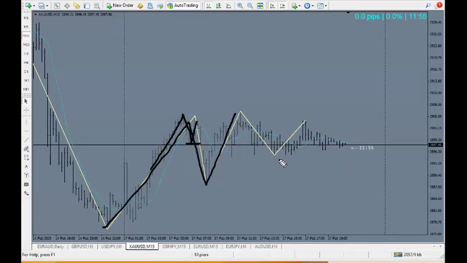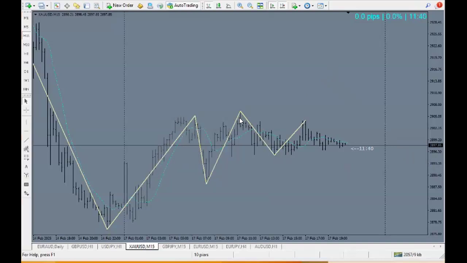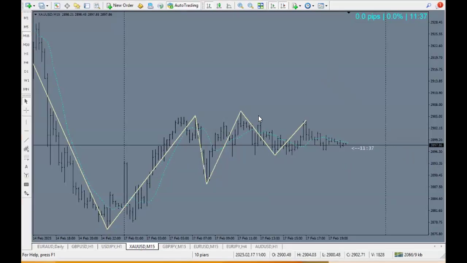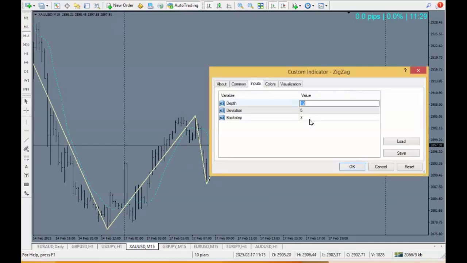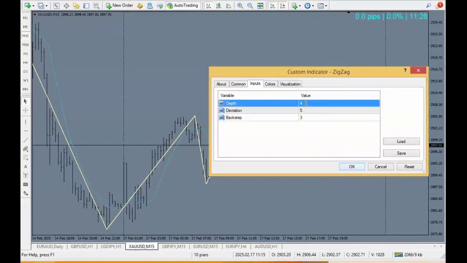Because I'm trading the lower time frame, I feel it's better to have one that is a bit more sensitive to those turning points. Then I just played around with the numbers, and I saw that 453 worked very nicely. In fact, I think the lowest number I can go is 321.